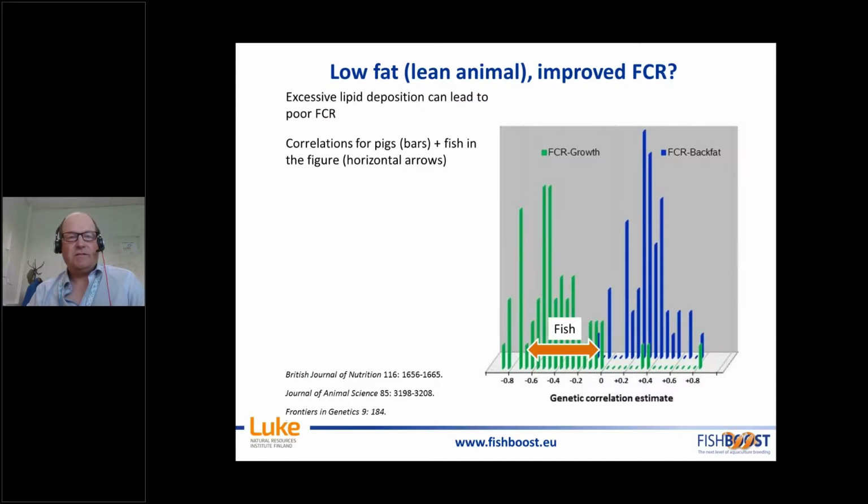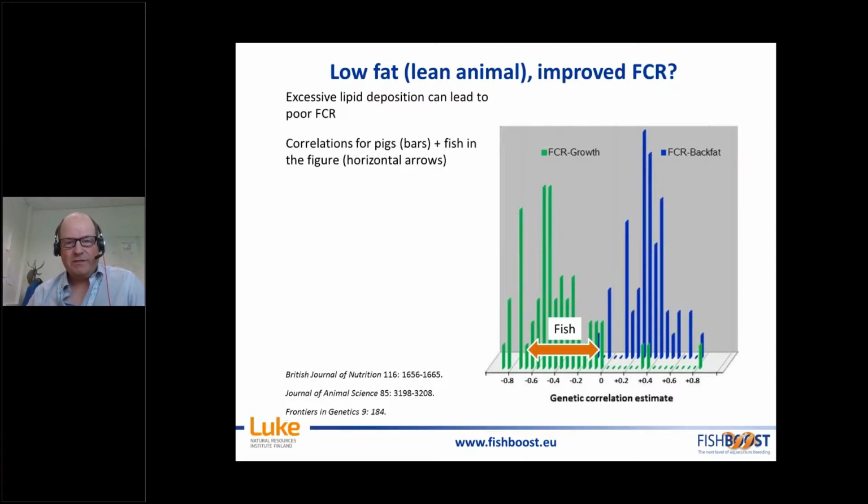So let's next look at the body composition of animals and how it's related to FCR. And the logic here is that excessive, so too much, lipid deposition can actually lead to poor FCR. In this graph, we have the genetic correlation estimates from pig breeding.